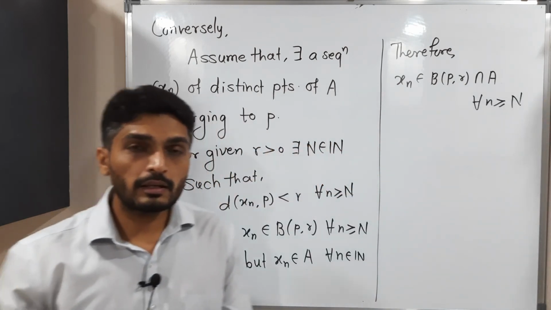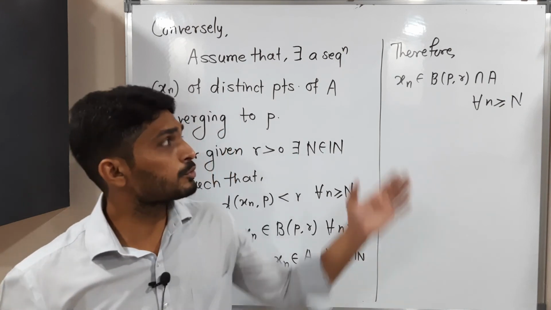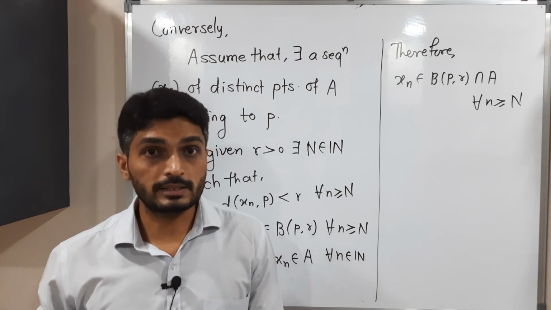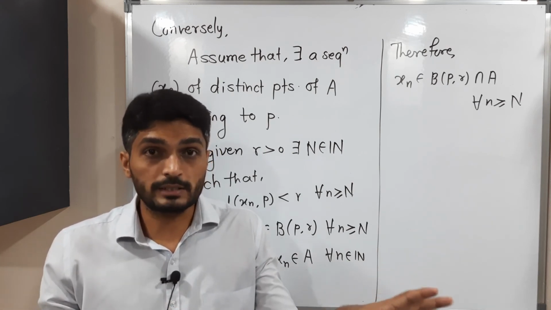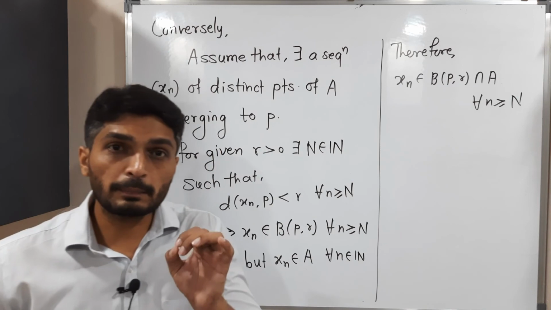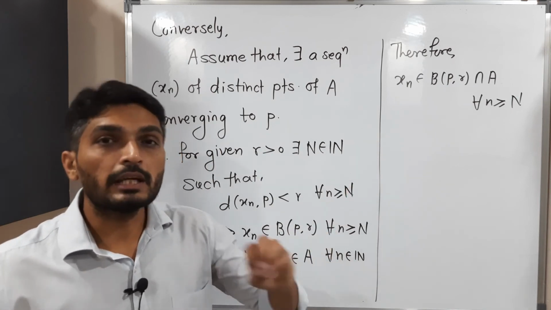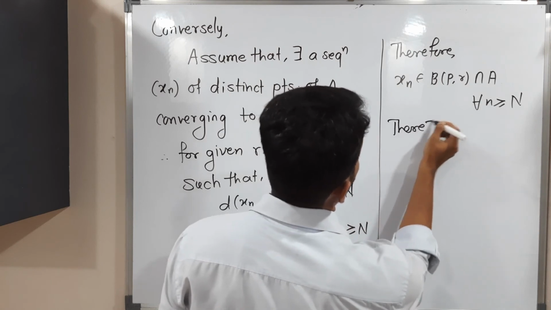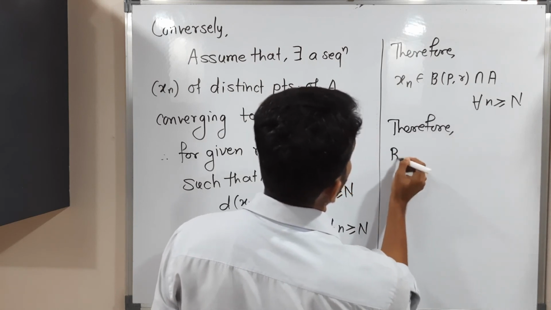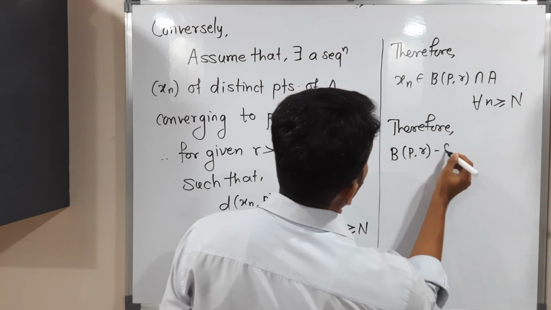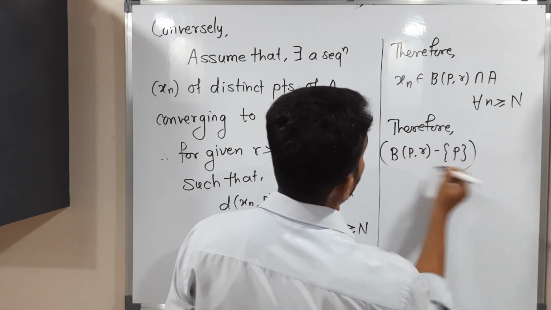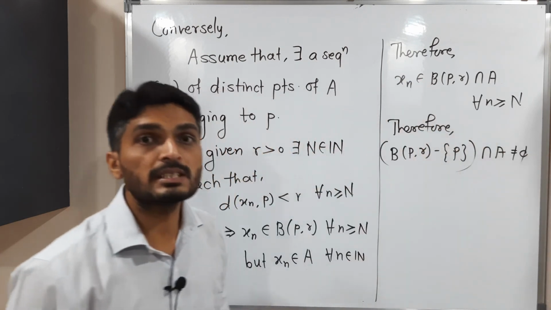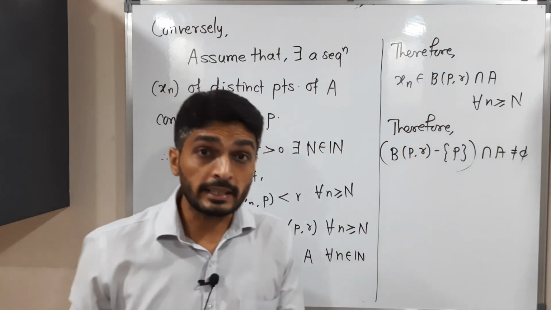Actually every sequence has infinitely many terms, so there are infinitely many terms which lie in the intersection, and xn is a sequence of distinct points. Therefore, if you remove the singleton P, there will still be infinitely many terms. So B(p, r) minus singleton P intersection A is not equal to phi, since many terms lie in the intersection.